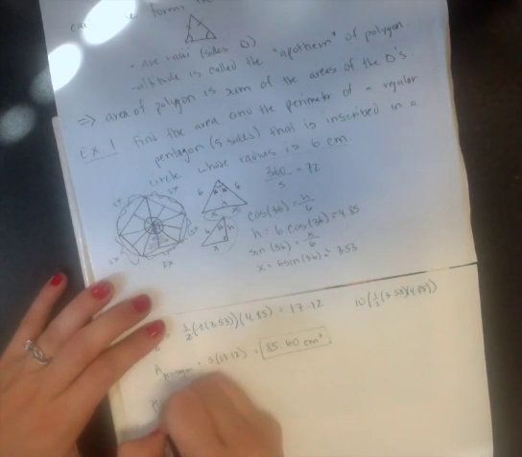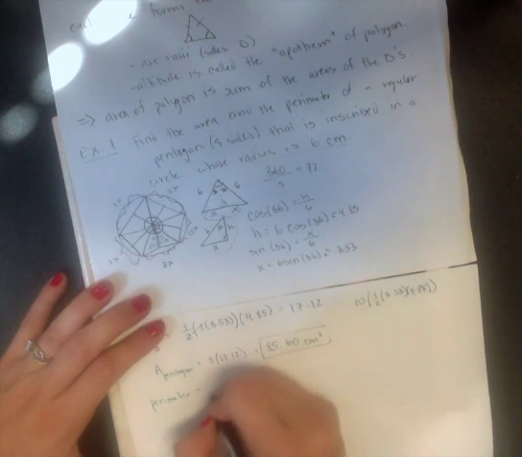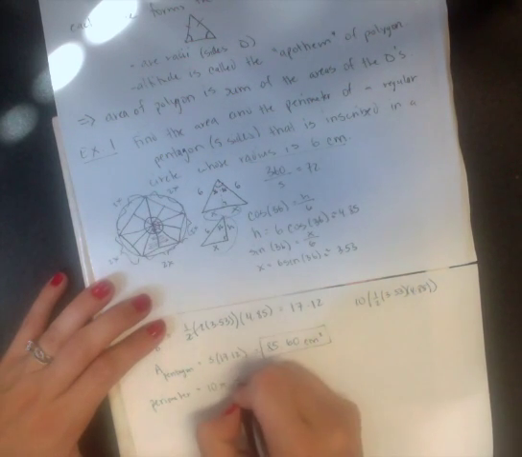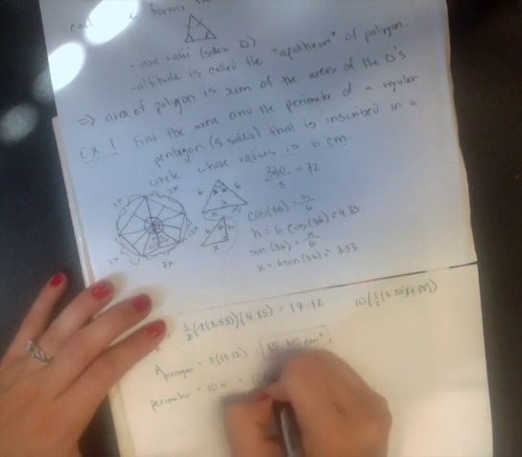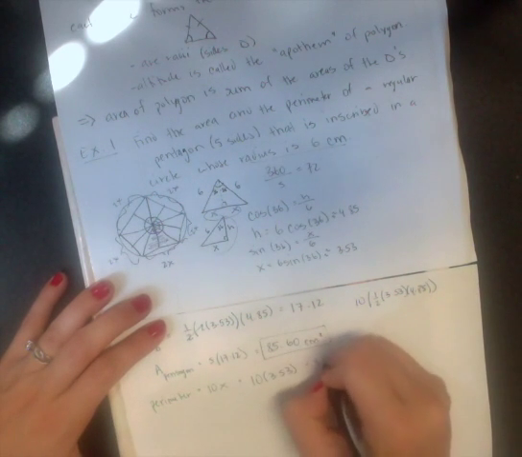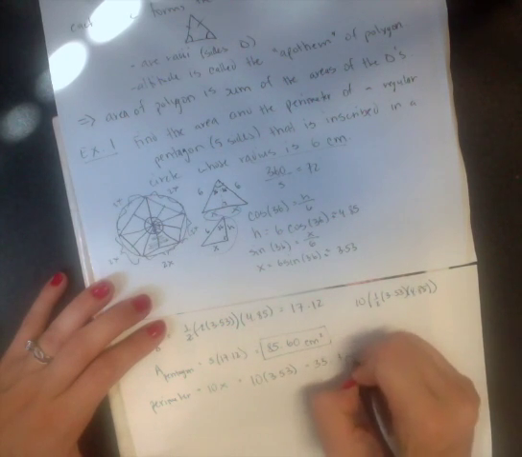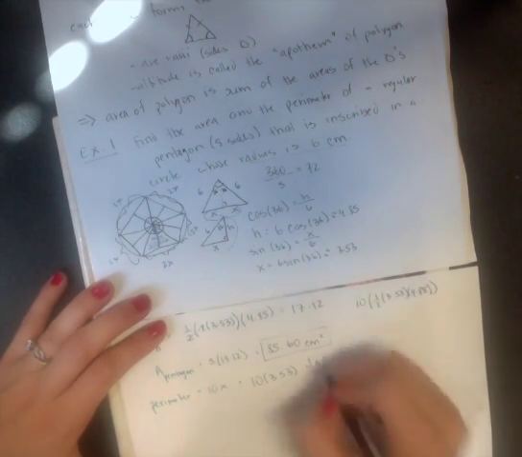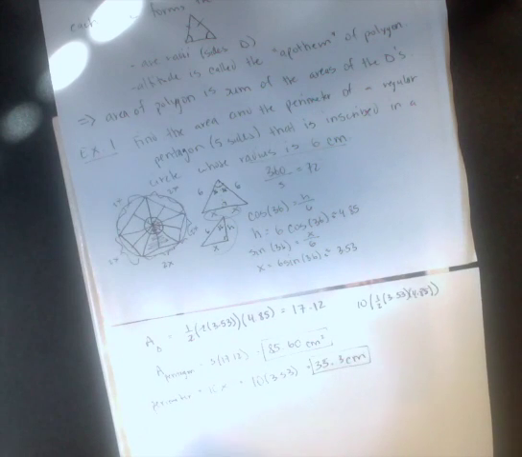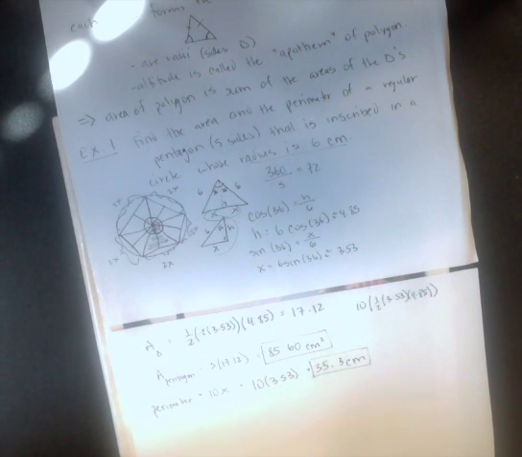So my perimeter is 2, 4, 6, 8, 10x. And I know that x is 3.53. So 10 times 3.53 gives me 33.3 centimeters. That is my perimeter. Okay.